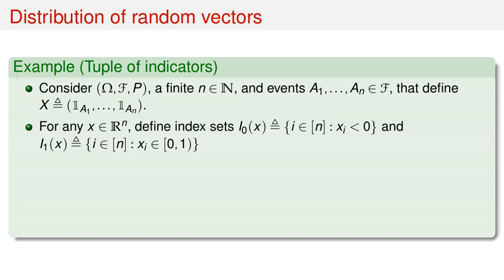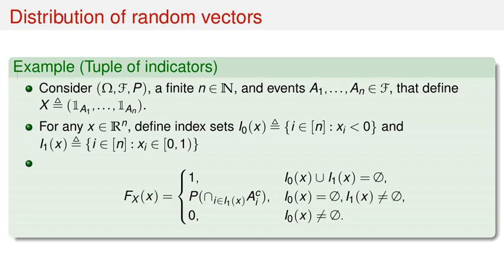For any x in R^n, let's define two index sets: I_0 of x as the set of indices i in 1 to n for which x_i is less than 0, and I_1 of x as the set of indices i in 1 to n for which x_i is in the interval 0 to 1, including 0 but not 1.